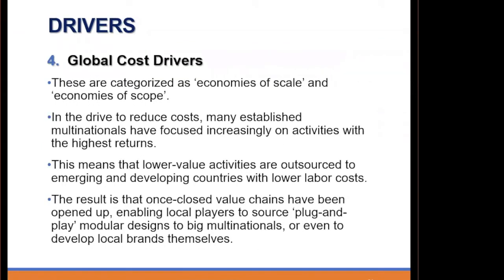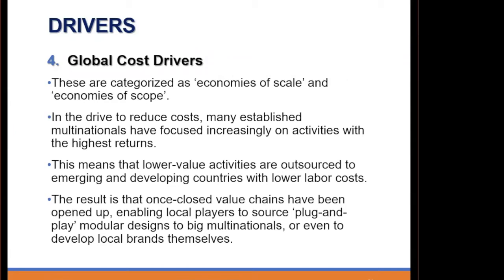There is also the issue of global cost drivers, where we can talk about economies of scale and economies of scope. Like we said in relation to the value chain functions, organizations are looking to reduce costs, but not sacrifice on competence and quality.